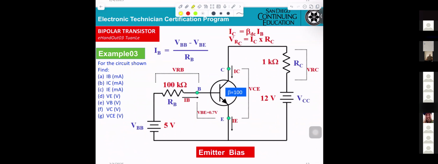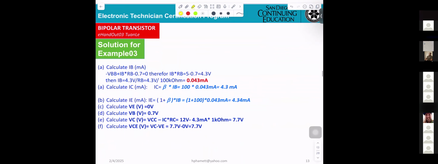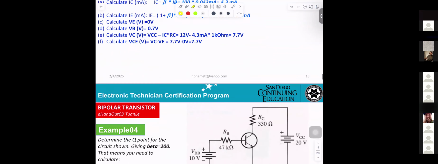Okay, this one, example, you guys can look into that. We don't want to emphasize on the not practical circuitry. This is the solution for you guys.